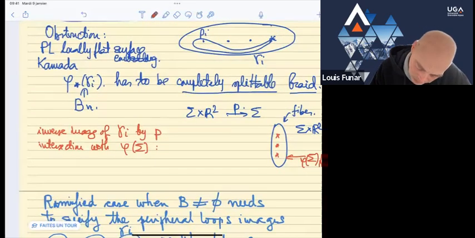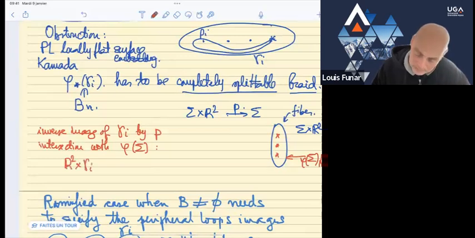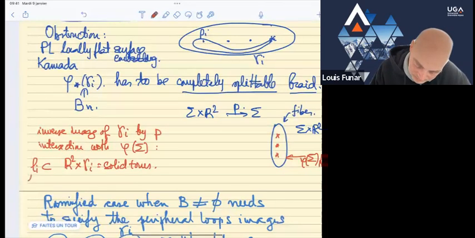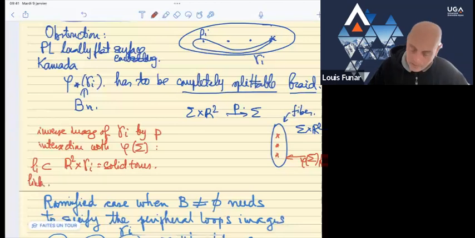This is contained in R2 times gamma I, which is a solid torus. And inside the solid torus, there is some link Li.